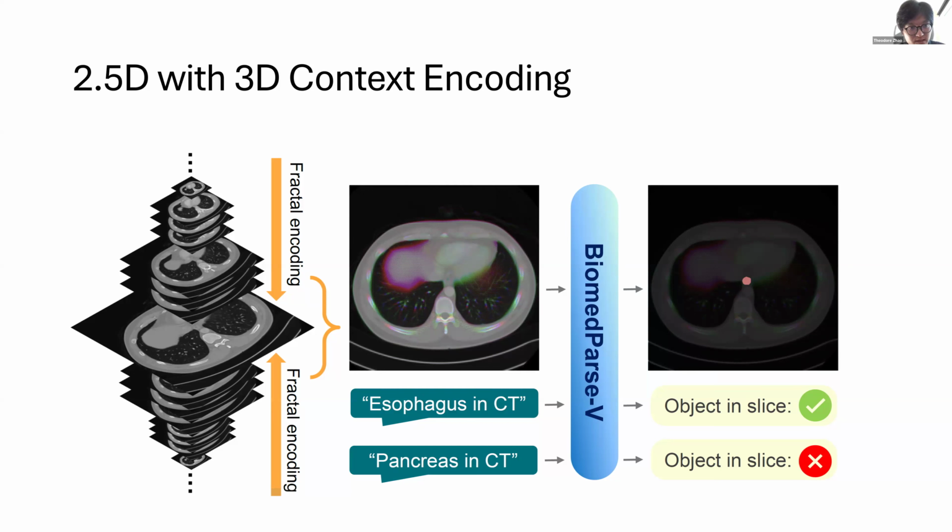All the neighboring slices, all the slices above and all the slices below, are downsampled in a specific way, and then all compressed into this image. That way, we can utilize exactly the same 2D model architecture, but try to insert some information from the 3D volume.